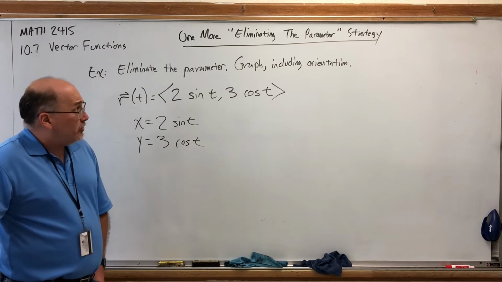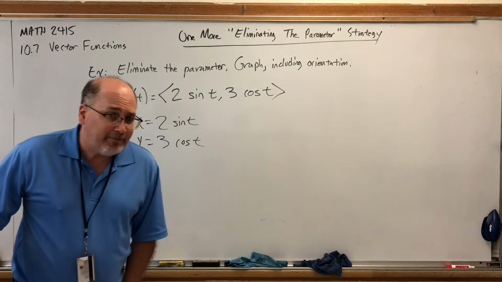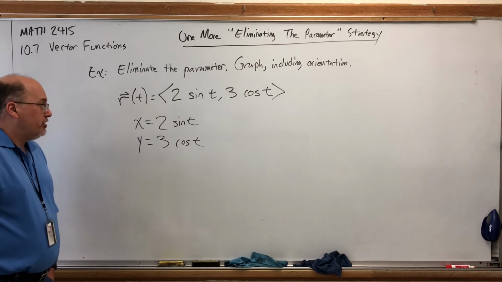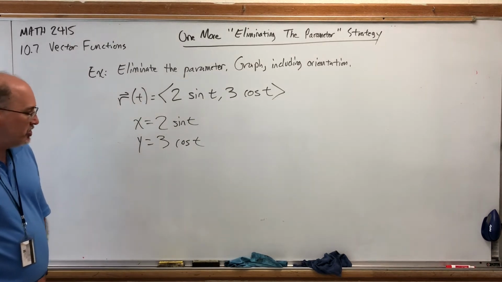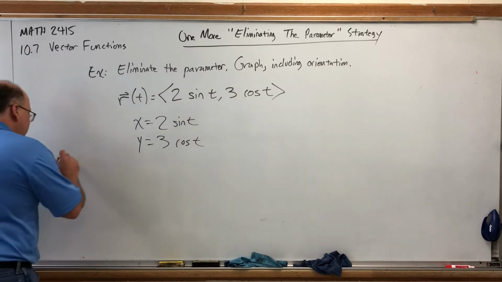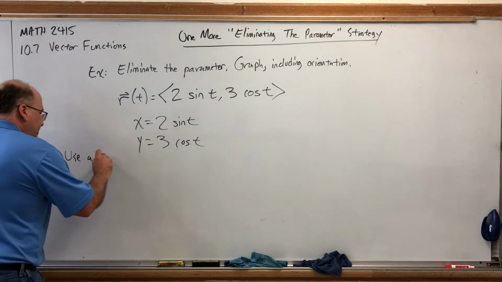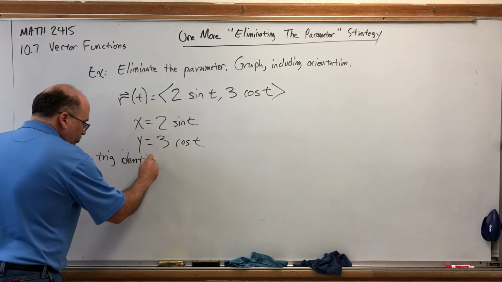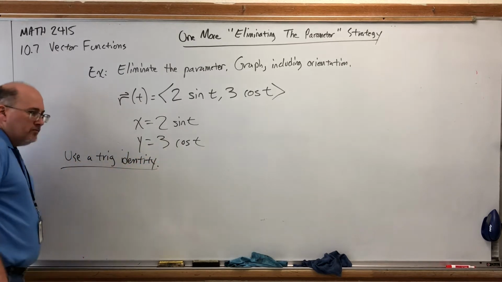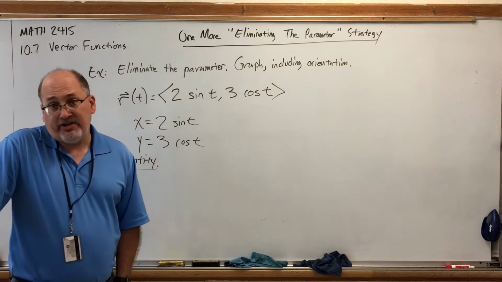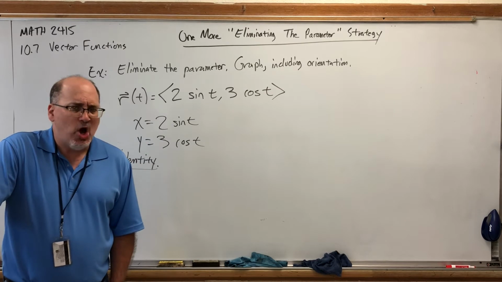But we can use another strategy, and this one is fairly common. If your parametric equations involve trig functions, the strategy is to use a trig identity. Well, just use a trig identity. Now, you're in Calculus 3. You've seen lots of trig identities, but there are some that you should just know.